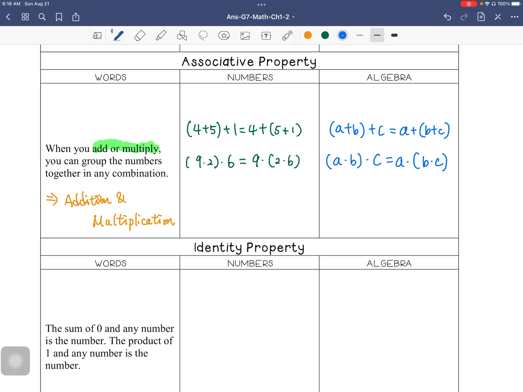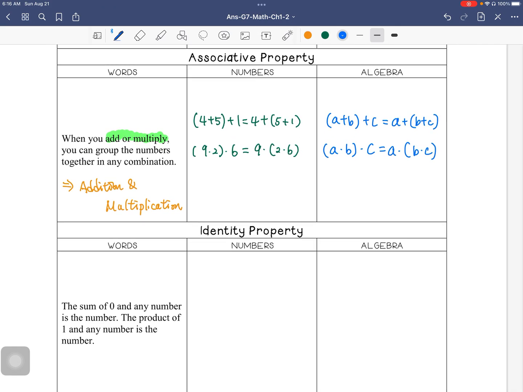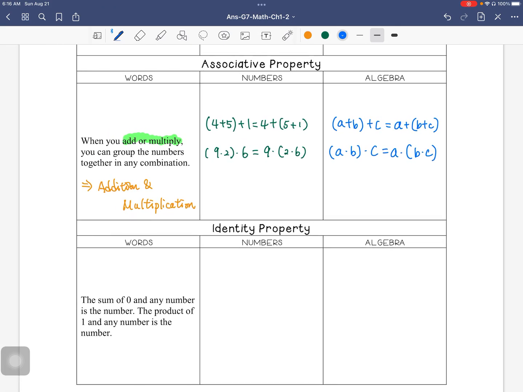Okay, so how about some identity properties? Identity properties: the sum of 0 and any number is the number. The product of 1 and any number is the number.